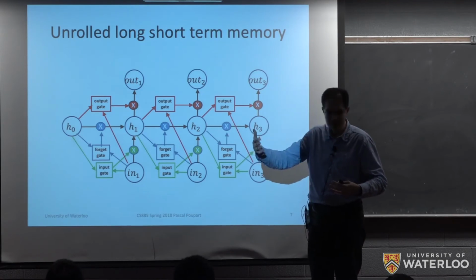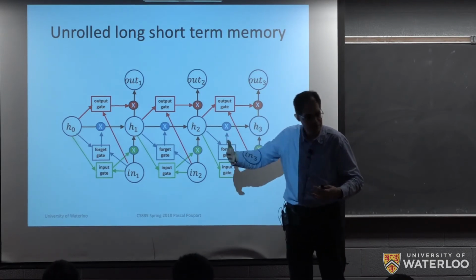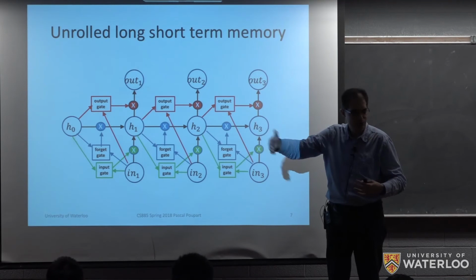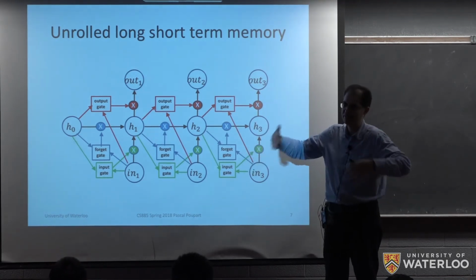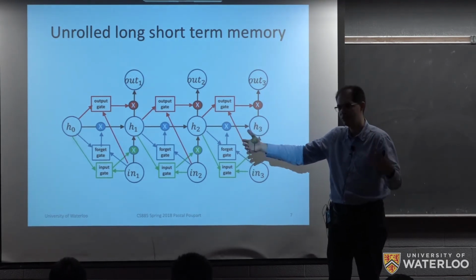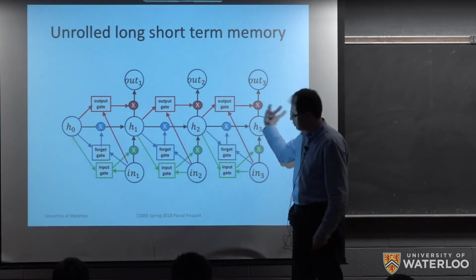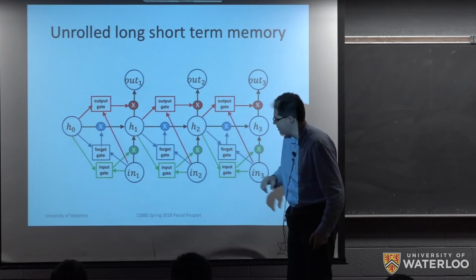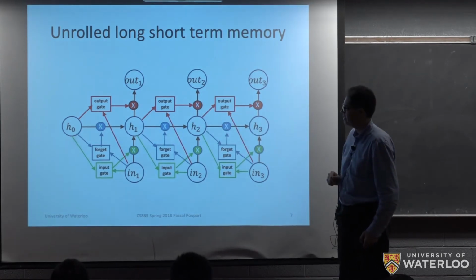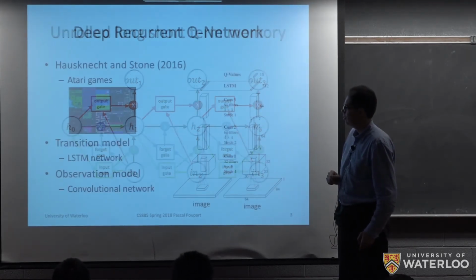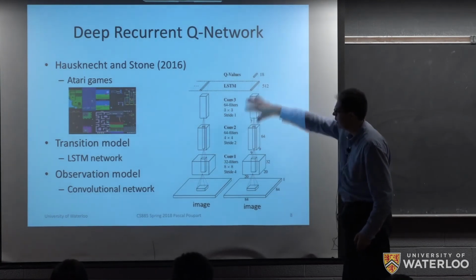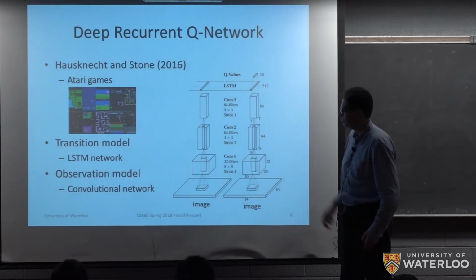And that's what beliefs are, really just sufficient statistics. They happen to be distributions, but perhaps we can have sufficient statistics that are not necessarily distributions. And that's what the LSTM network does. It computes some sufficient statistic, and then it propagates that over time. So that would be one representation for doing this.